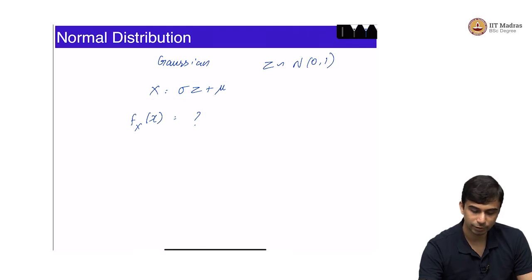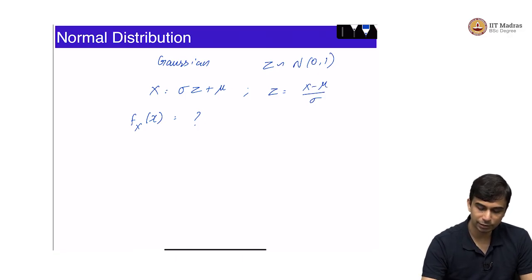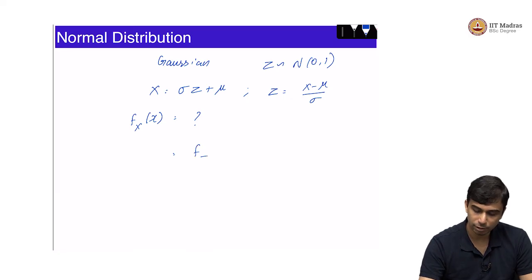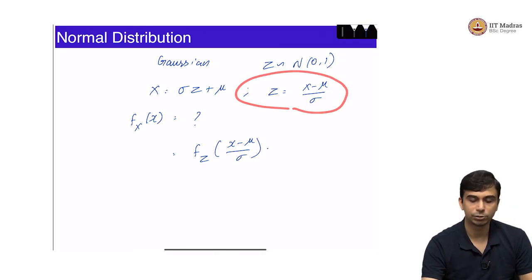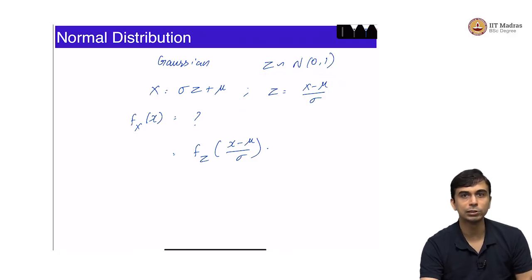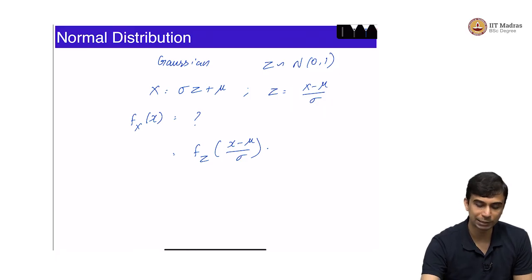So, if x equals sigma z plus mu, z equals (x minus mu) by sigma. So, f_X of x is simply equal to f_Z of (x minus mu) by sigma, and then you have the Jacobian of this transformation. This is just a 1 to 1 thing, but you can still do the Jacobian of this, which happens to be just equal to 1 by sigma.